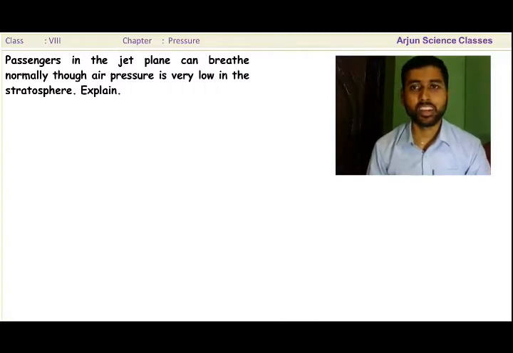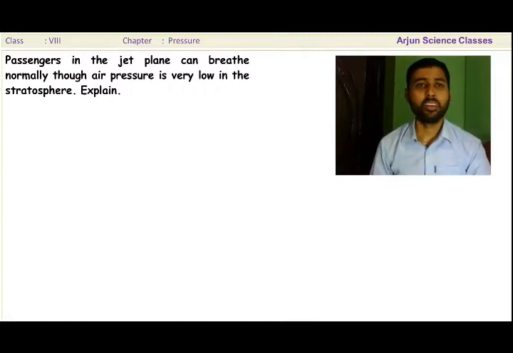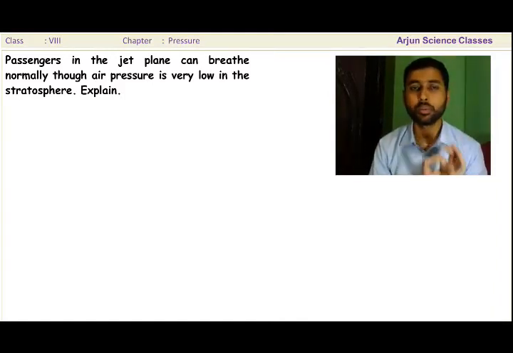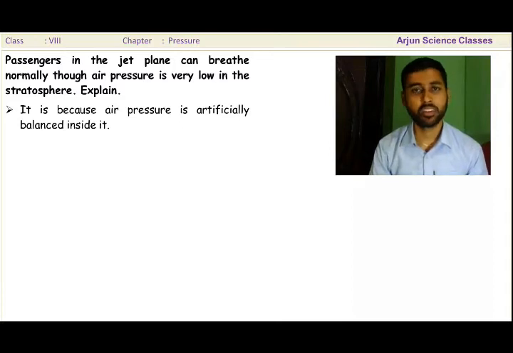Passengers in the jet plane can breathe normally though air pressure is very low in the stratosphere. The stratosphere is one of the layers of the atmosphere: first layer troposphere, then after that stratosphere.